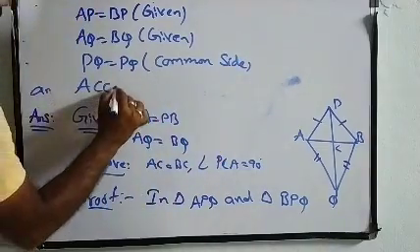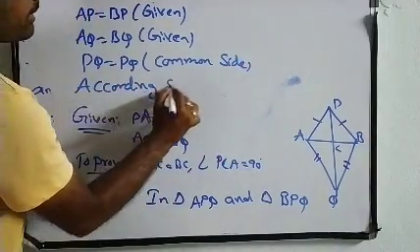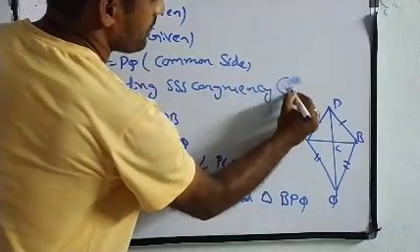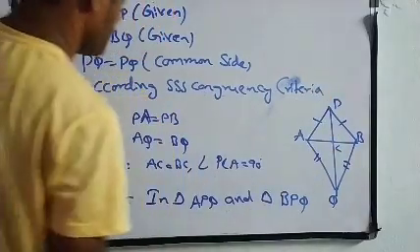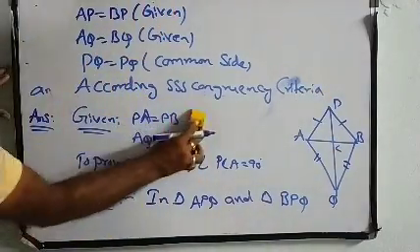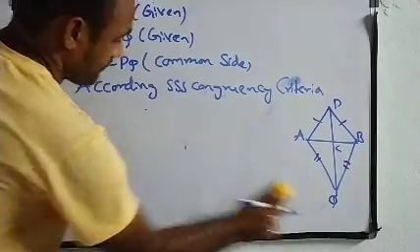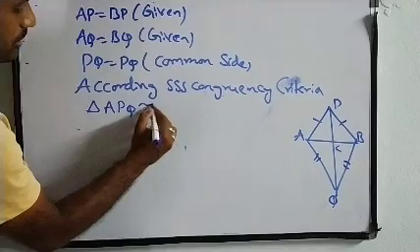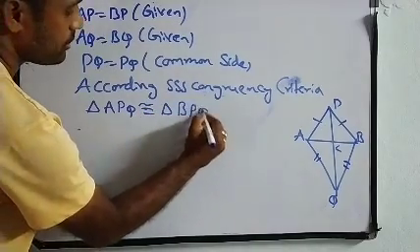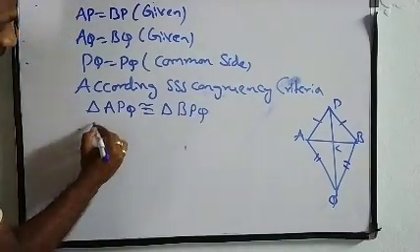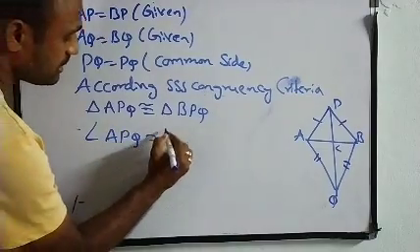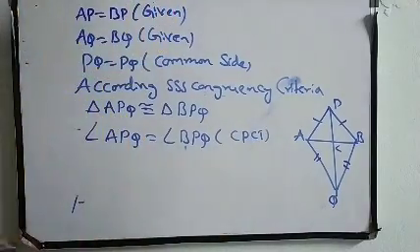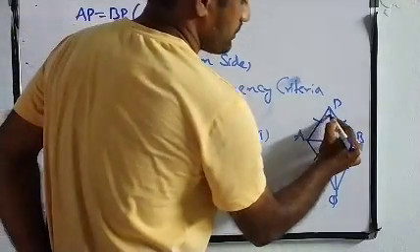So according to the SSS congruency criteria, triangle APQ is congruent to triangle BPQ. If these two triangles are congruent, I can say that angle APQ is equal to angle BPQ, corresponding parts of congruent triangles.